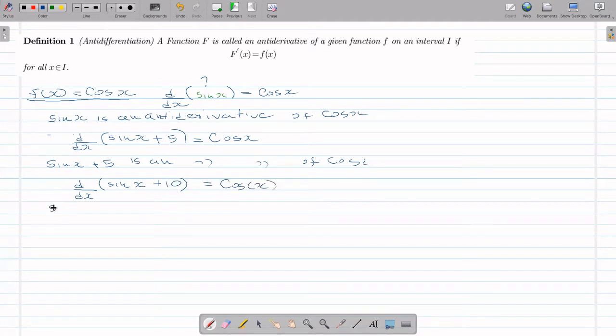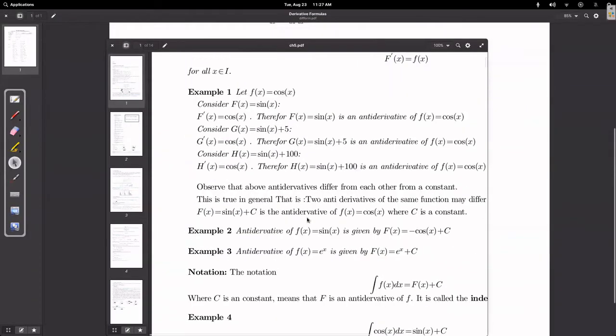So sin x plus 10 is also an antiderivative of cos x. Following this manner, sin x plus 5, sin x plus 10, sin x plus 100, all of them are antiderivatives.